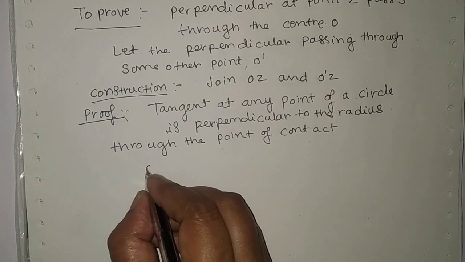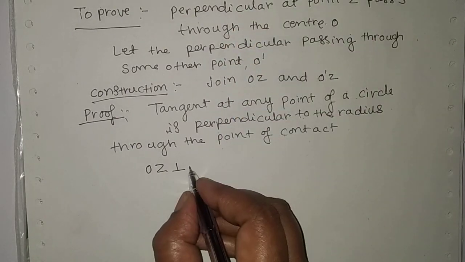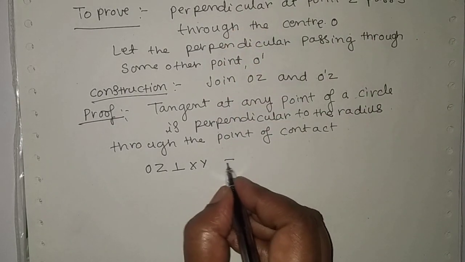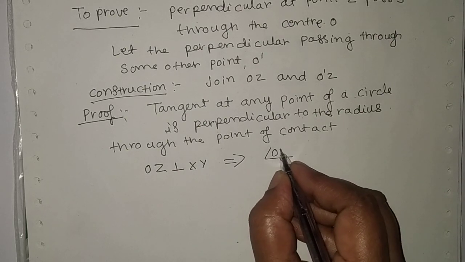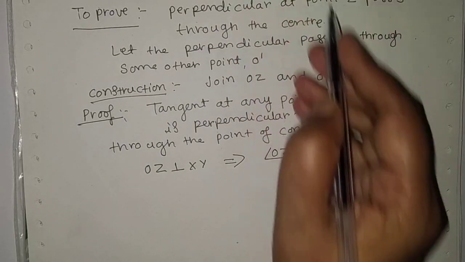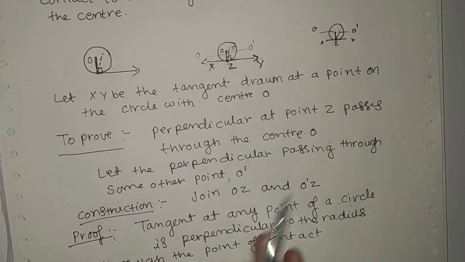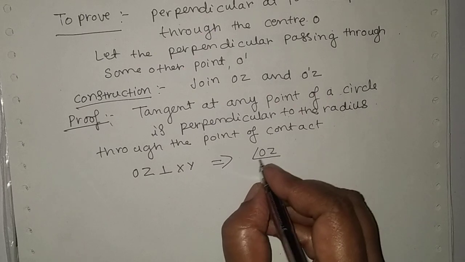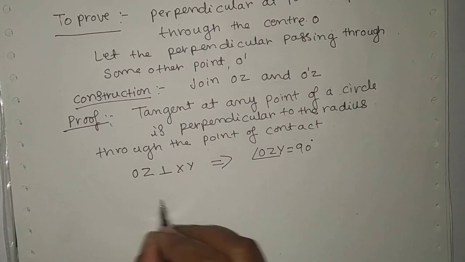After this, we take OZ is perpendicular to XY, which implies that angle OZY is equal to 90 degrees.